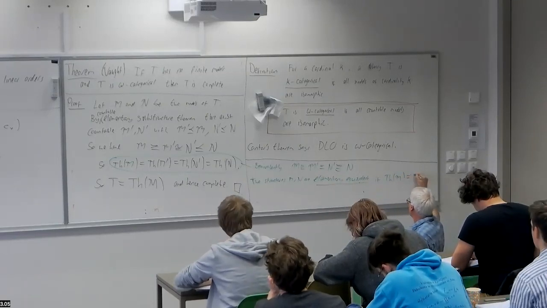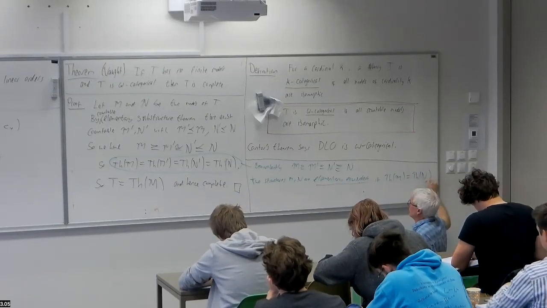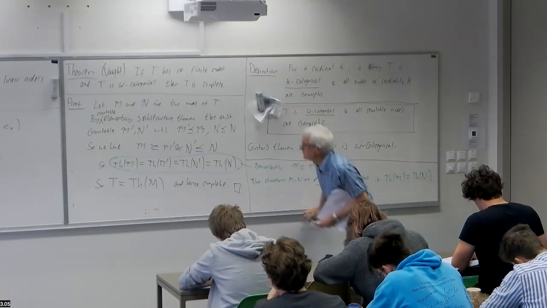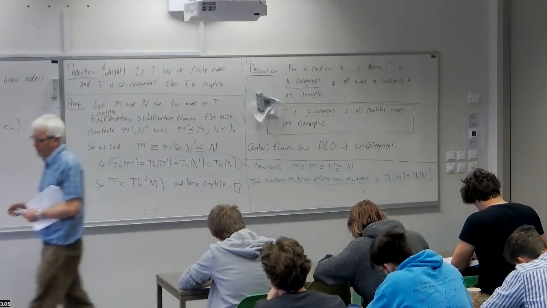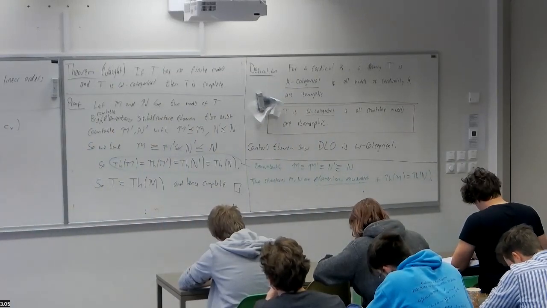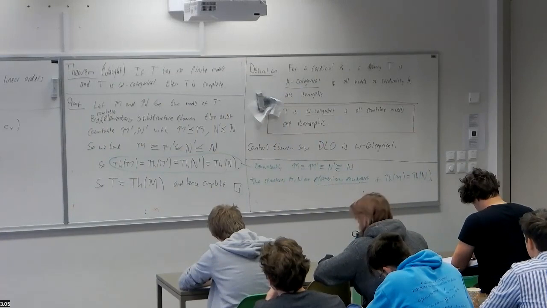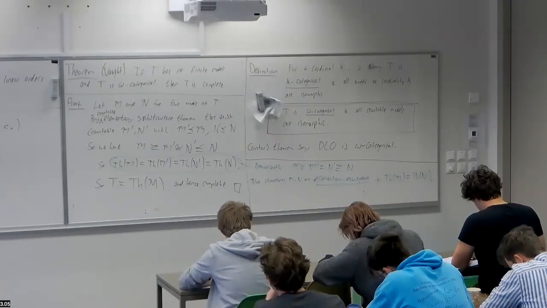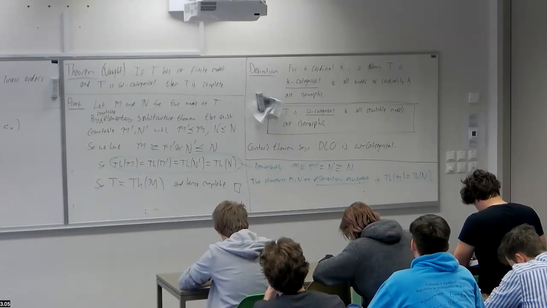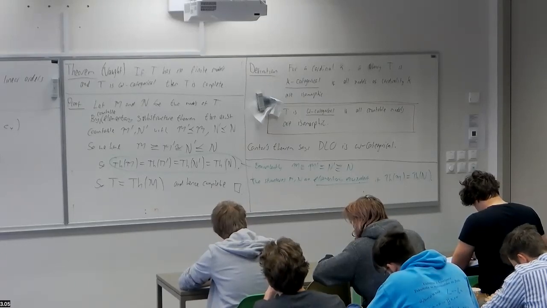Whenever you have an isomorphism or an elementary embedding between two structures, they're elementary equivalent. Right, okay, so that's dealt with the theory of dense linear orders.